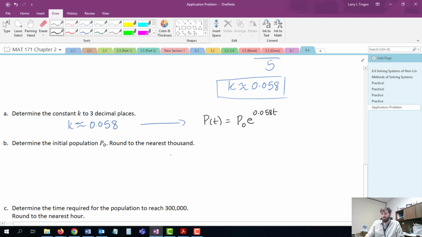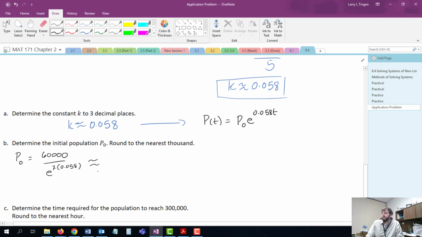So, from before, I know P naught is equal to 60,000 divided by e to the 7k. Right? It's also equal to 80,000 divided by e to the 12k.